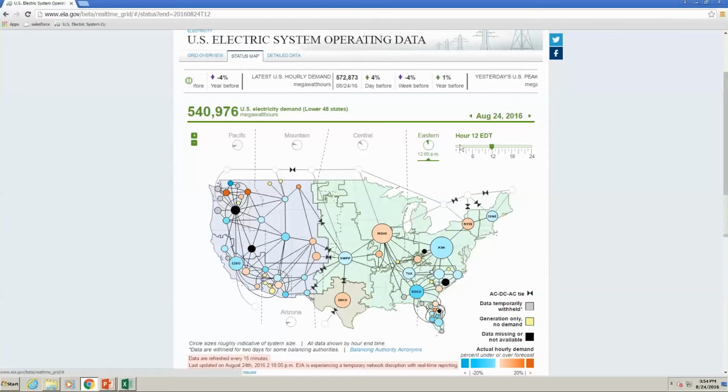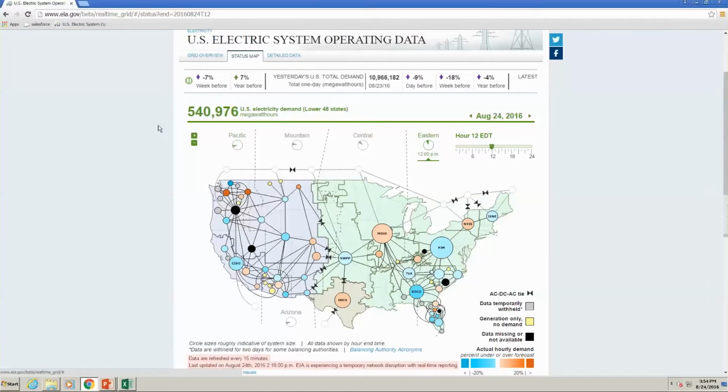All right, so one of the things I wanted to mention was that by default you come in at Eastern time, but you can use these controls here. Just click on these little pies or the name there, and you can see the information from a different time zone.